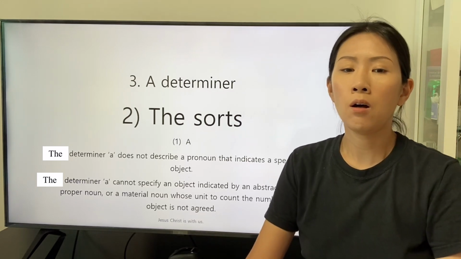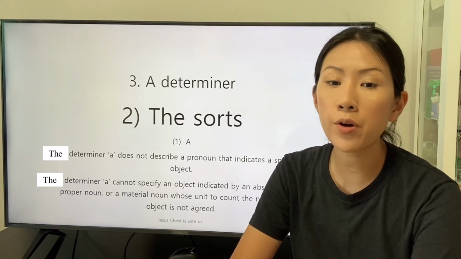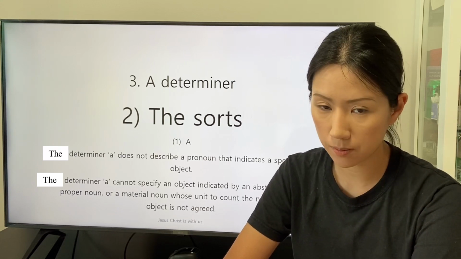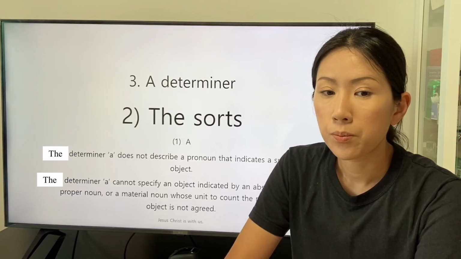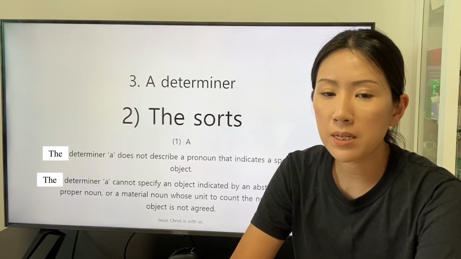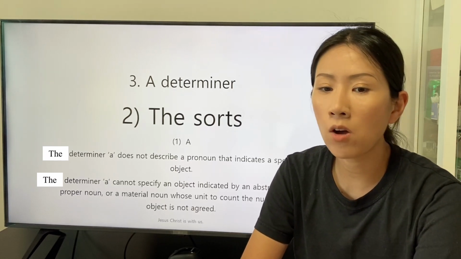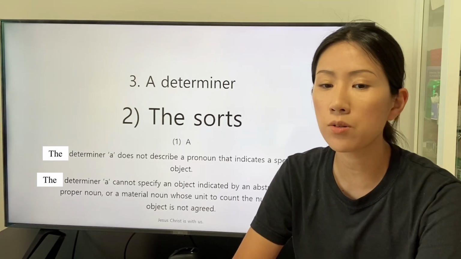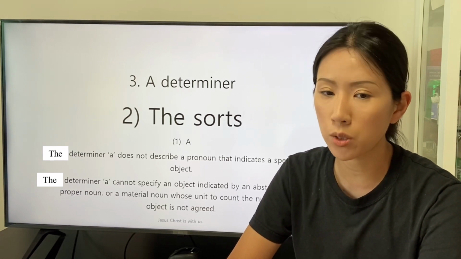The determiner a does not describe a pronoun that indicates a specified object. The determiner a cannot specify an object indicated by an abstract noun, a proper noun, or a material noun whose unit to count the number of the object is not agreed.